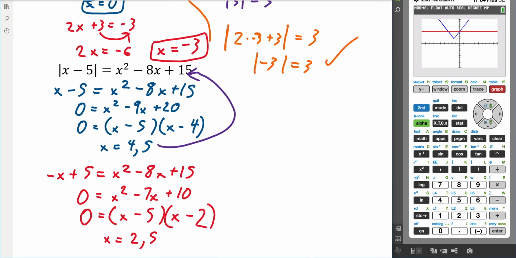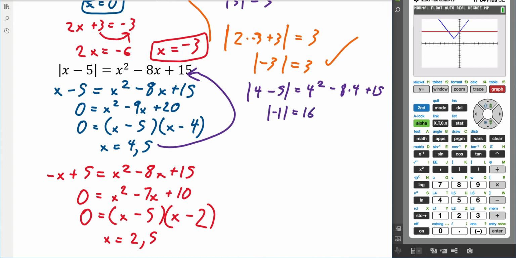Okay, so this is going to take a little bit of time, but we have to try it out. So 4 minus 5 equals 4 squared minus 8 times 4 plus 15. 4 minus 5, that's negative 1.